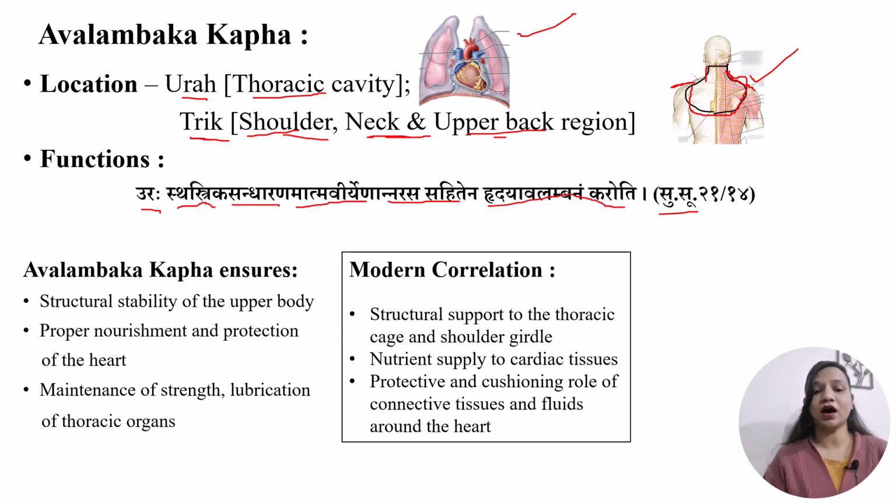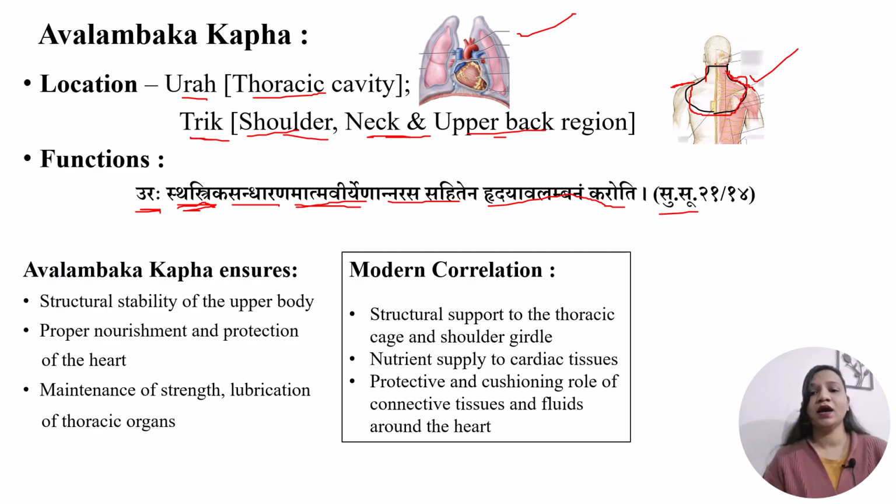It means that the Avalambaka Kapha, which resides in or is situated in the Uraha and Trika region, Urahastha Trika, supports and stabilizes the Trik region over there, and by its inherent strength, Atmaviryena. Atmavirya means the inherent qualities of Avalambaka Kapha.